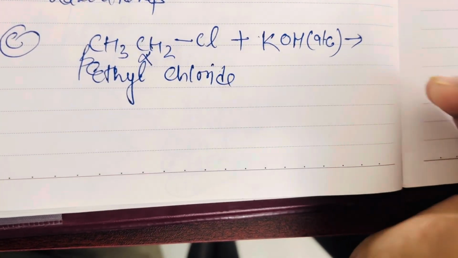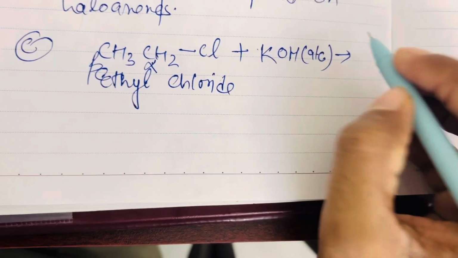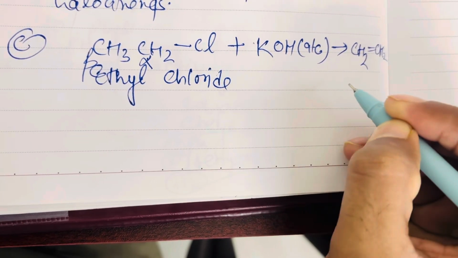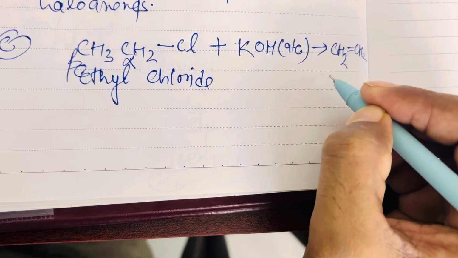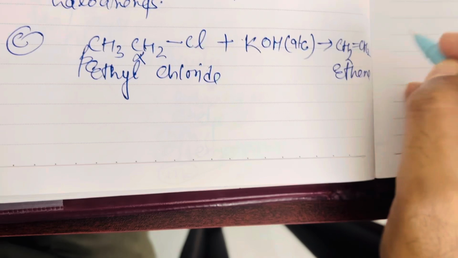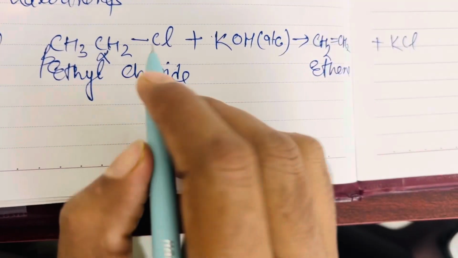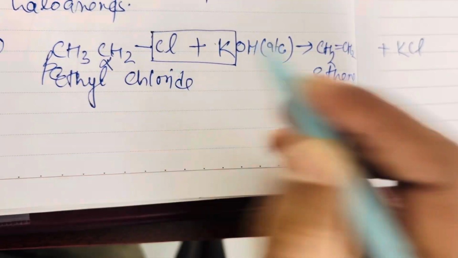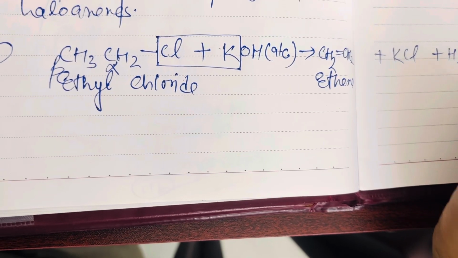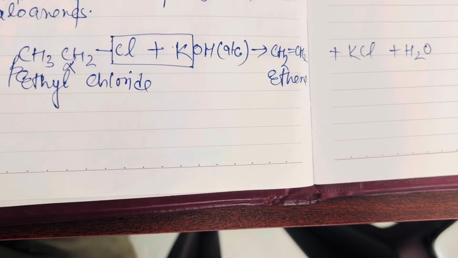With alcoholic KOH, a beta elimination reaction will take place, and here an elimination reaction will take place and CH2=CH2 will form, that is ethene, plus KCl will be removed and H2O will also be removed. In this way the product will be formed.